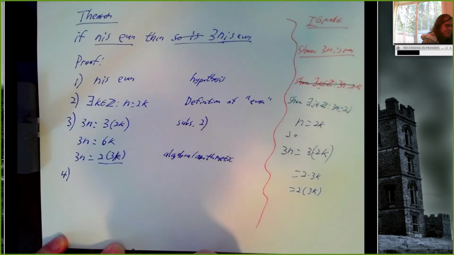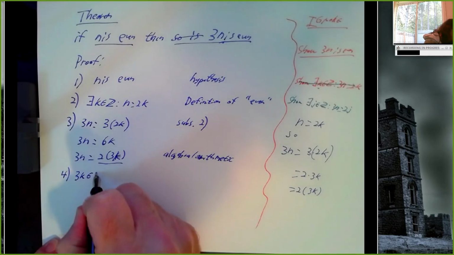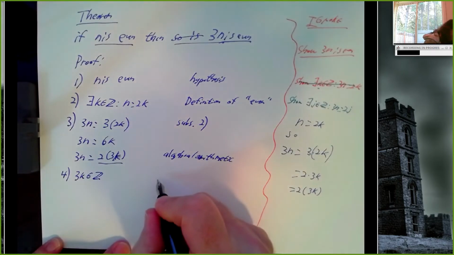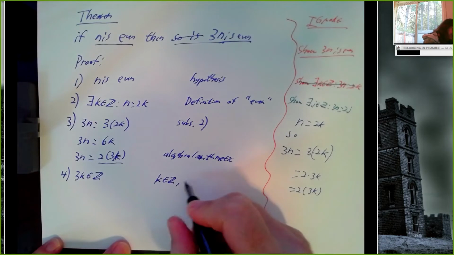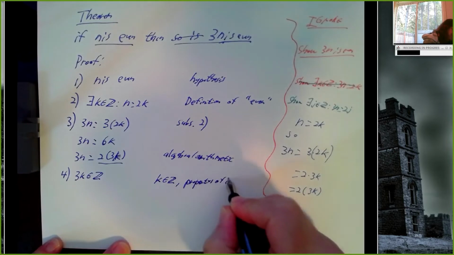And now we're going to do something, and this can be a little dangerous. You can abuse this pretty easily, but I'm going to make the observation: 3k is an integer. Okay, how do we know 3k is an integer? Because k is an integer, that was asserted up here, and I'm going to say properties of integers.